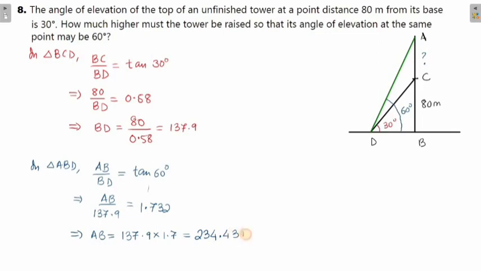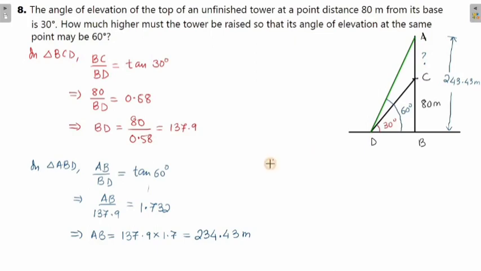So the height of the tower is 234.43, isn't it? That means till C is 80 meters and this entire thing turns out to be 234.43 meters. The question is asking by how much this height has to be raised, that means from C to A, what is the distance?